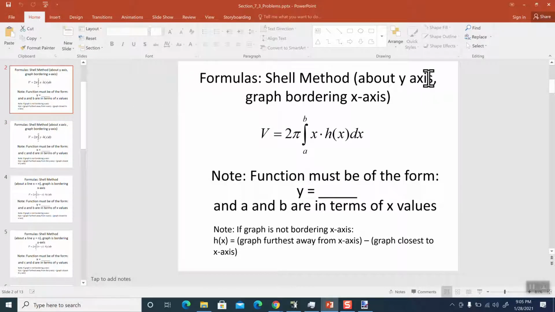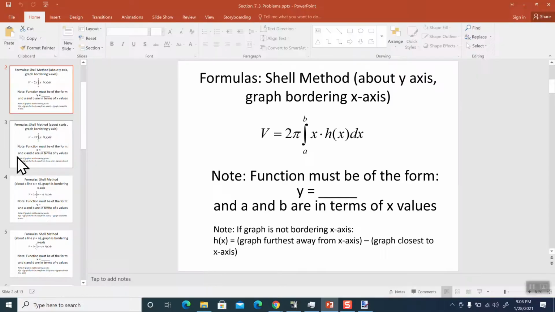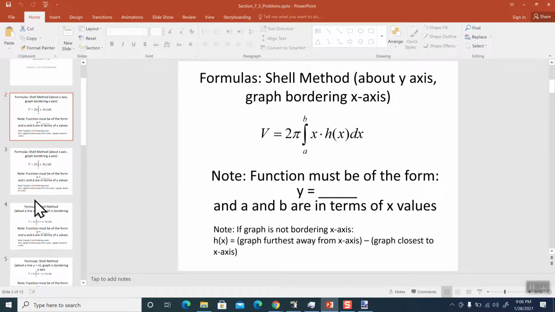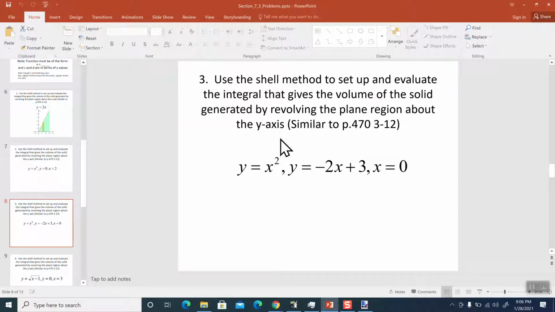Okay, so it's about the y-axis. Graph is bordering the x-axis, assuming I wrote it down right. Did I write it down right? Did it say y-axis? Let's look. Okay, that's the first slide there. Yep, about the y-axis.